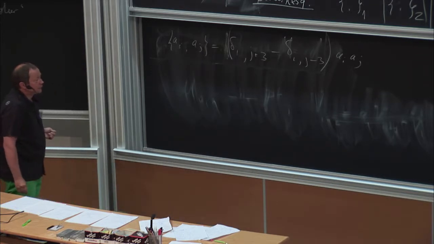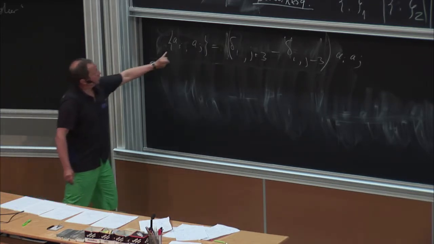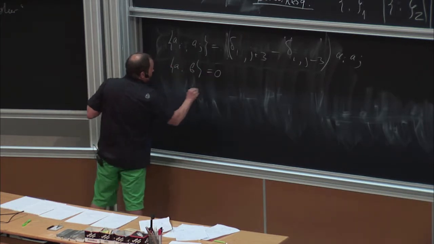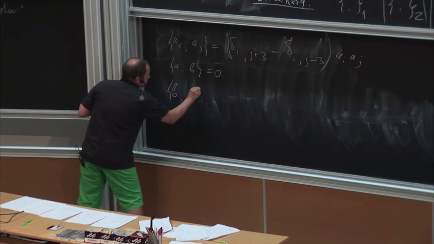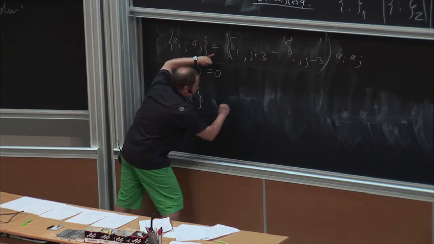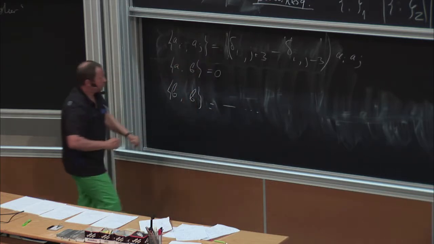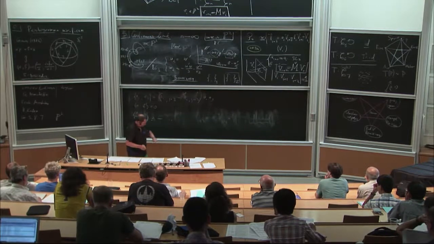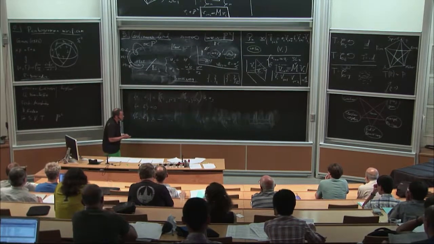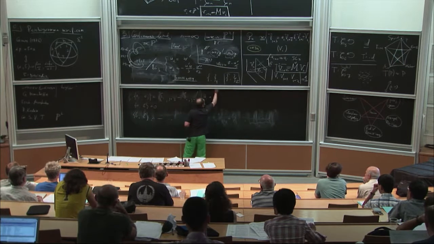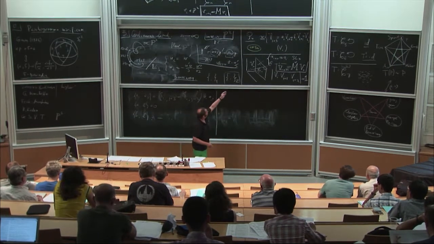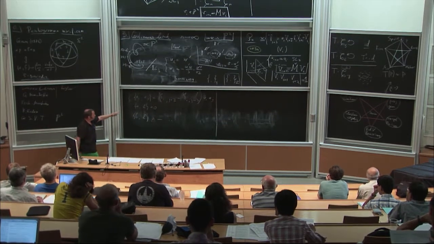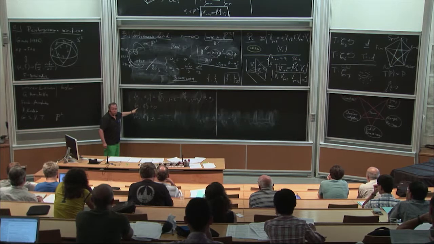So this is the bracket between two coordinates, A and B. Then A's and B's all commute, and the bracket for B's is the same formula as for A's, but with the minus sign. Okay? So this was the Poisson bracket. And then we took the invariants calculated by Khesin, and we proved that they Poisson commute. So that was the end of the story for the integrability on the simple space of twisted n-gons, where A's and B's are a good coordinate system.